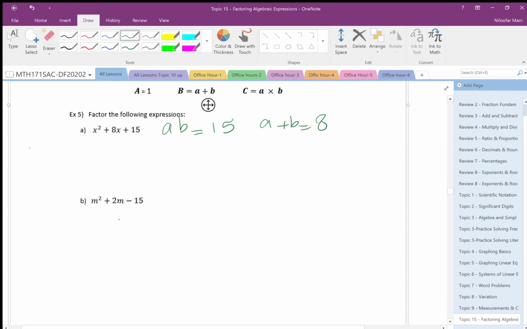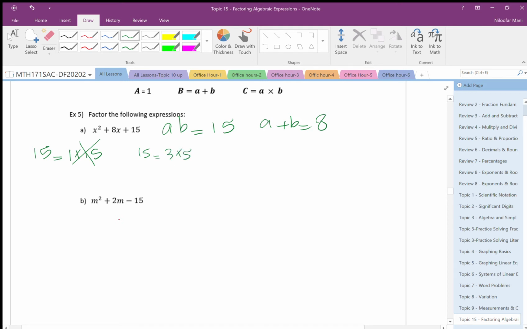So I have 15. I have to break 15 into two numbers. 1 multiplied by 15: is that the answer? No, because when I add 1 and 15, instead of 8, I have 16. So this is not the answer. 15 equals 3 multiplied by 5.